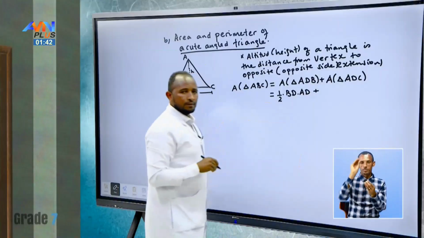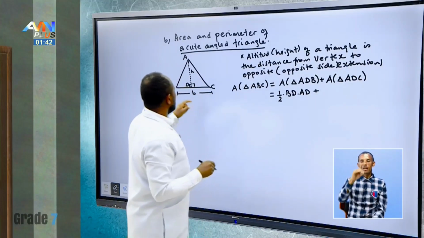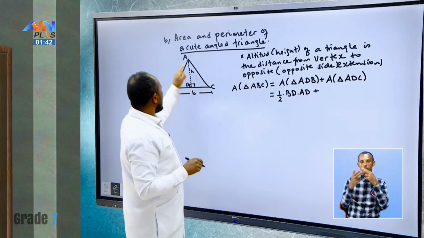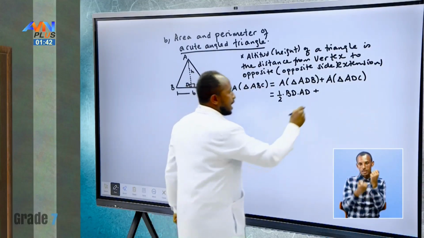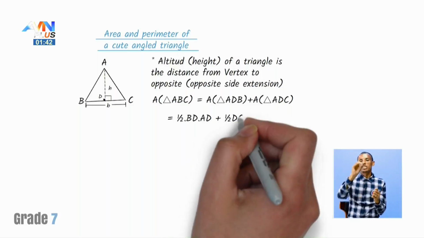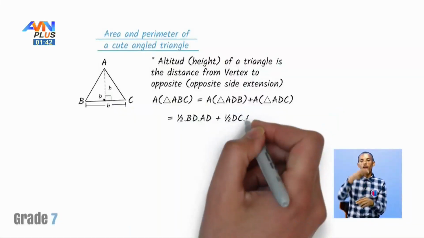Plus the area of triangle ADC, again simply a right angle triangle. You multiply its base and height. The base is DC, the height is AD, so half times DC times AD.